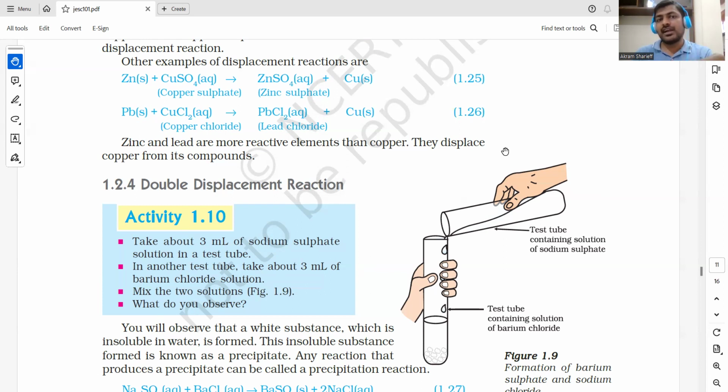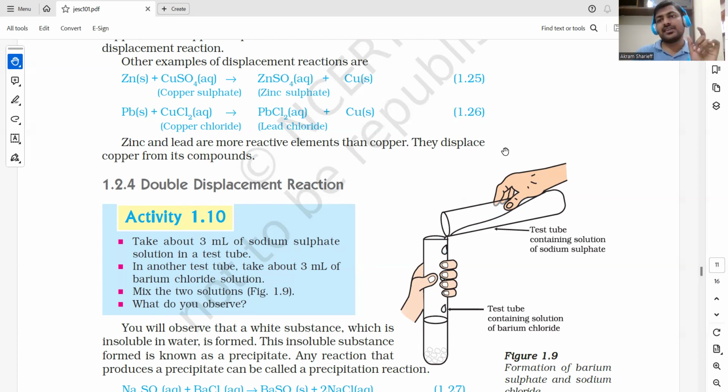Basically, I'm asking, will the reaction occur in the reverse way? If the LHS becomes the RHS and RHS becomes the LHS, is it still true? Answer is no. Why? Because copper cannot displace zinc from its solution because copper is less reactive than zinc.